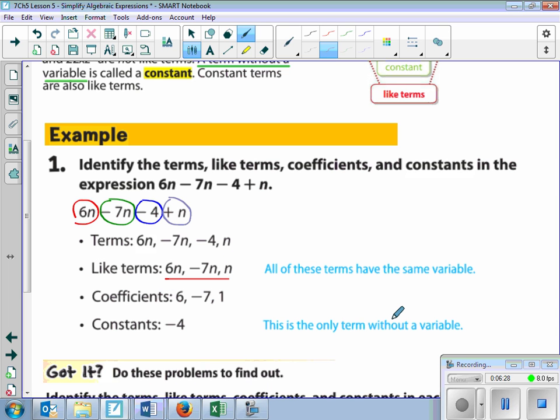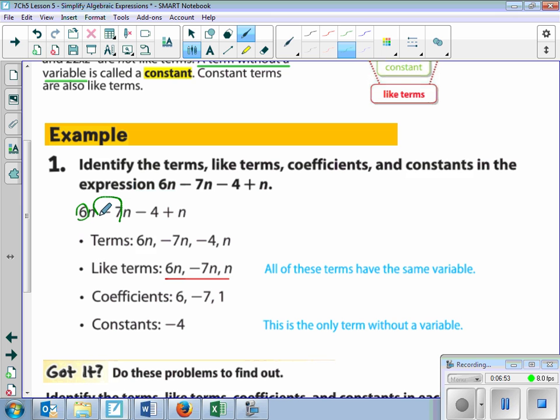You got it? The coefficients. The coefficients are the numbers that are in front of the variables. Let me erase this a little bit. So here, in front of this n, we have 6. In front of this n, what do I have?